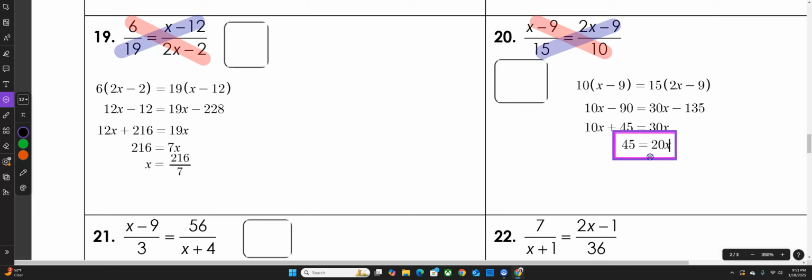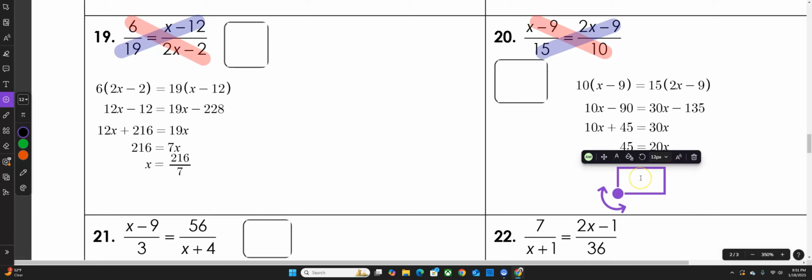And when we divide both sides by 20 and simplify, so we're going to have 45 over 20. So that's 9 over 4, I believe. Let's double check that. Yay, 9 over 4.